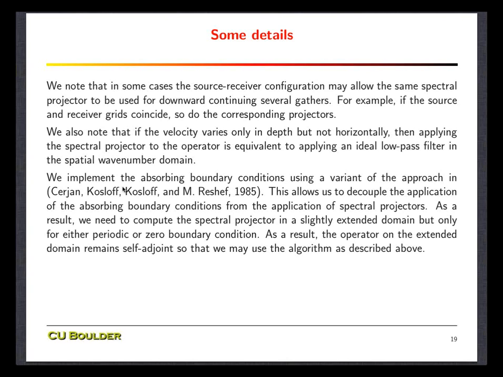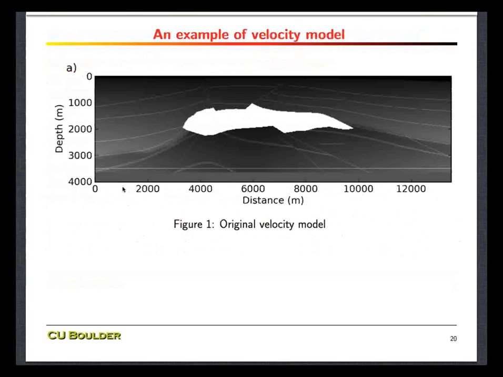We also use absorbing boundary conditions on the sides, using a variant of the approach which has a damping layer that preserves the fact that the operator in question is self-adjoint, because we want that. So there are some technical details.